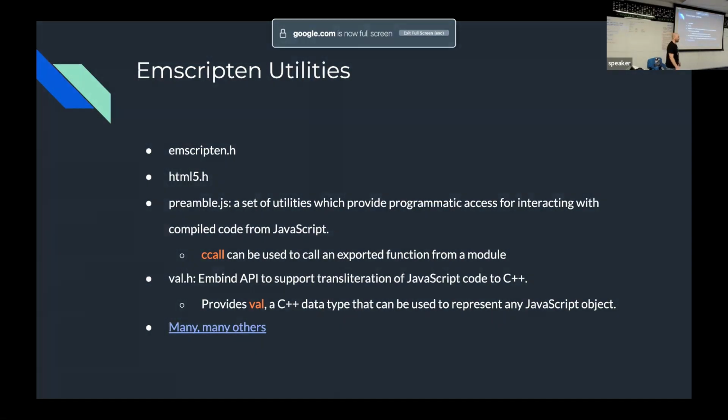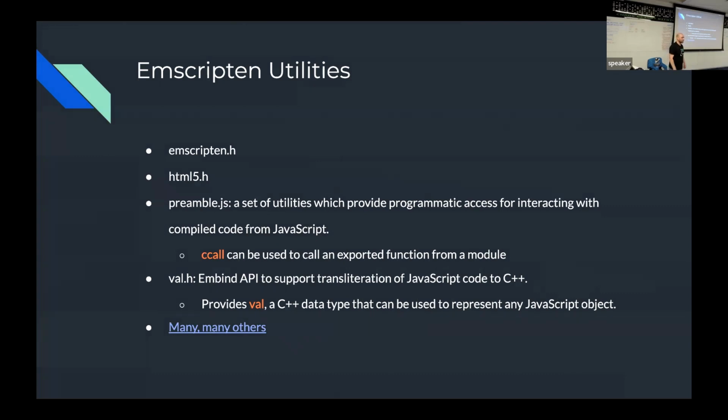So that gets us some places, but the step from getting to here to doing something in the browser still feels really far away, right? Well, thankfully, Emscripten gives us a ton of utilities. I'm not going to go through all of them, and we're not even hardly going to touch the surface, but I wanted to make you aware of a few that are really essential for working with WebAssembly with Emscripten in C++.